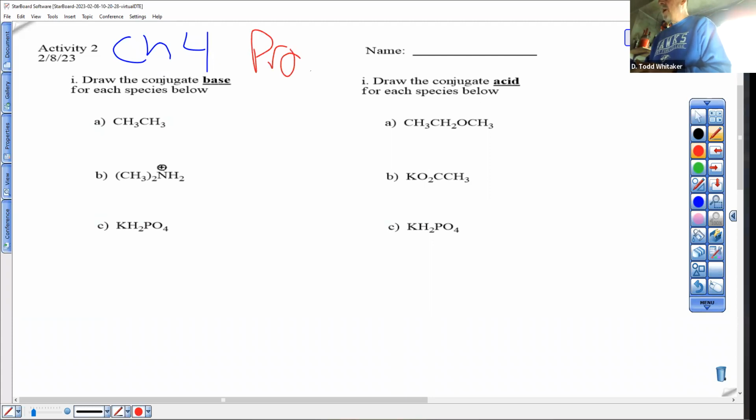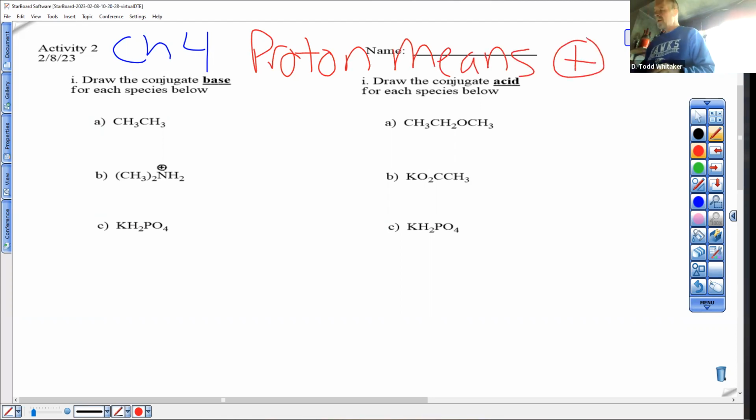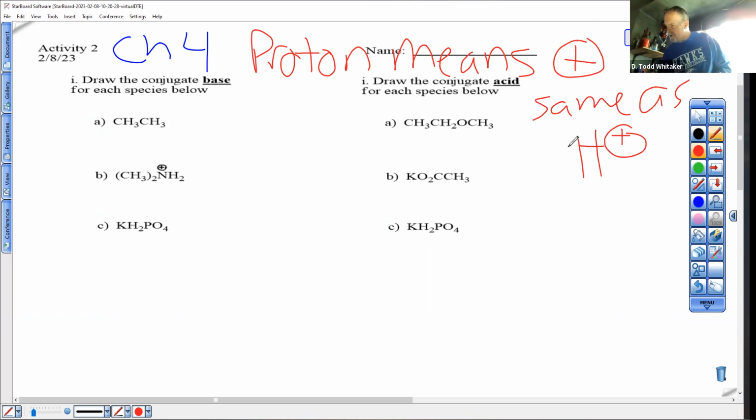Proton that you learned in 141 means this particle, which is equivalent to this particle. All that a hydrogen ion has is a proton.